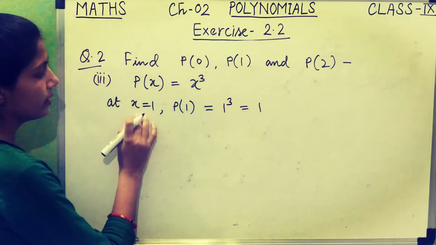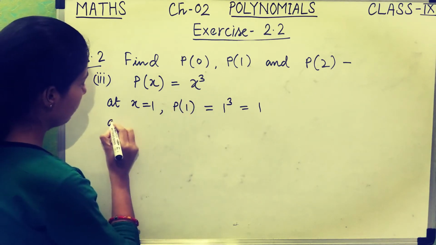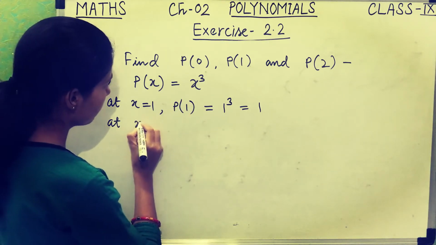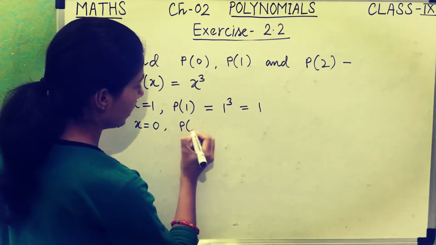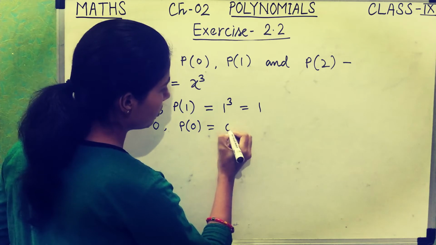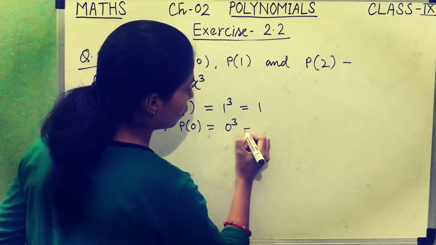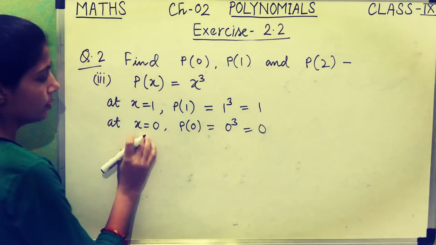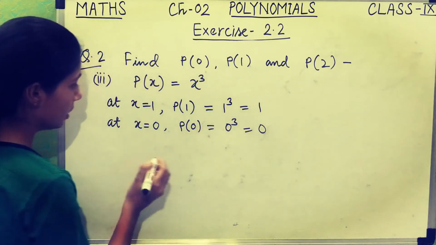Okay, so at x equals 1 the value of the polynomial is also 1. Now check at x equals 0. Okay, so p at 0 means 0 cube, in place of x you have to put 0 and cube of 0 is 0. So at x equals 0 the polynomial has the value 0.